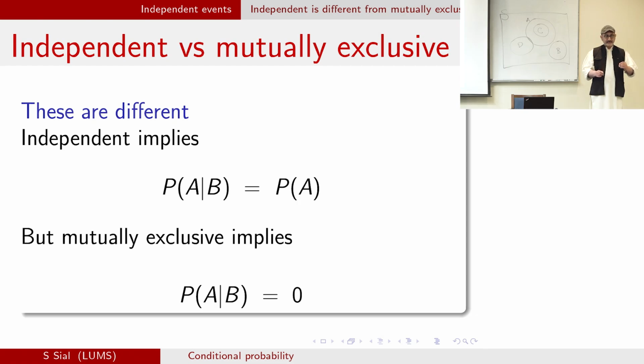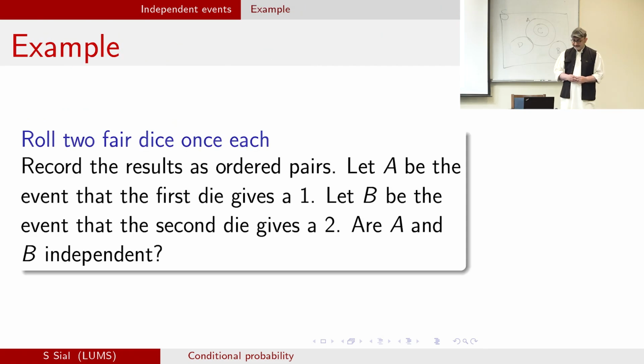Or I could say A is the event that the first roll is a 3, and B is the event that the total of the two rolls is a 7. If you do the calculations, you'll see that those are not independent. We roll two fair dice, and we record the results as ordered pairs. This is the result of the first roll.